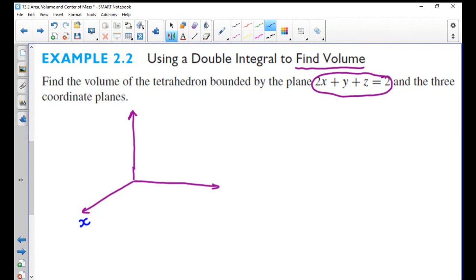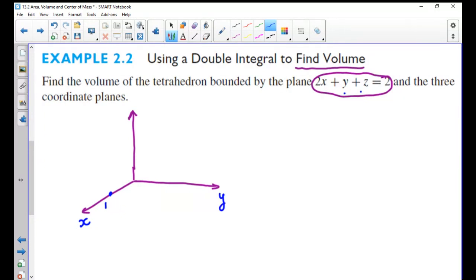What are the values of y and z on the x-axis? If you take a point on the x-axis, 0, 0. So put 0, 0. You will get 2x equal to 2, so x is equal to 1. So the plane will cut the x-axis at the point 1.